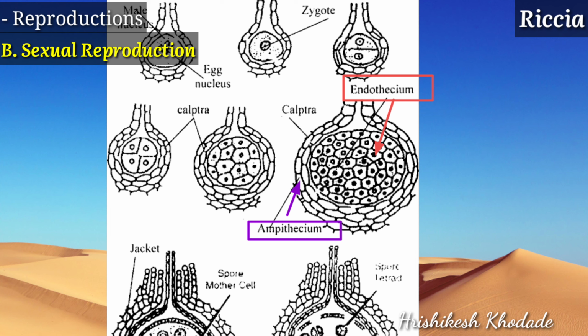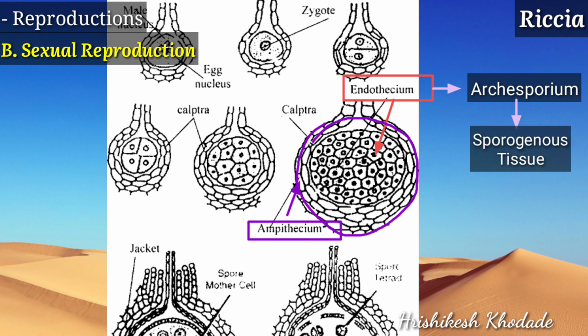The cells of the amphithecium divide only by anticlinal division to form a single layer of sterile jacket or capsule wall, which is protective in nature, while the endothecium cells form the archesporium. The cells divide and redivide to form a mass of sporogenous tissue, which is present in the sporophyte. So you must be clear now.